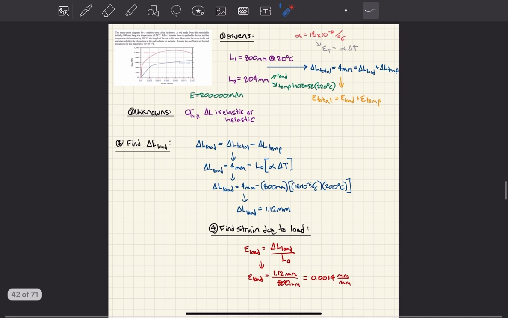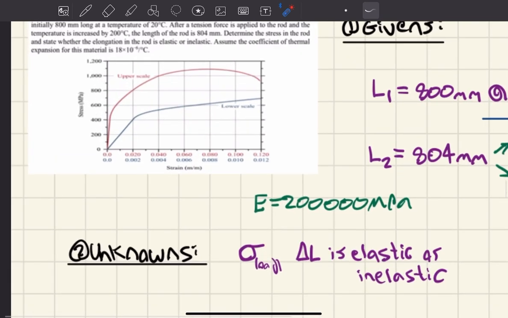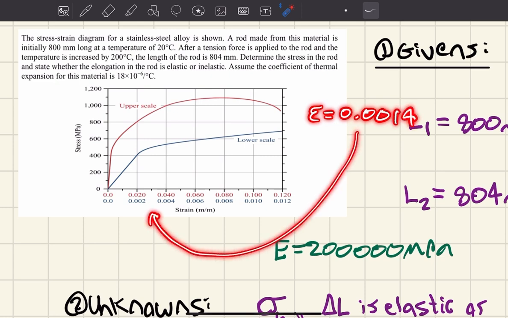Can I find stress? Well, yeah, sure. Let's go check out the stress strain diagram. Our strain value was 0.0014. Can I just look on the stress strain diagram and find it? Well, okay, this is maybe 0.001, so it might be around here. But I'm in the elastic region, so instead of just guessing, I can use the elastic modulus to find the exact number.